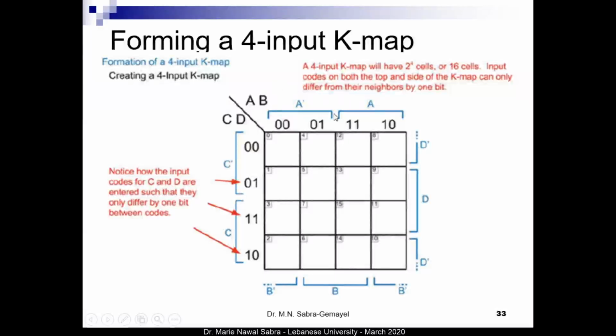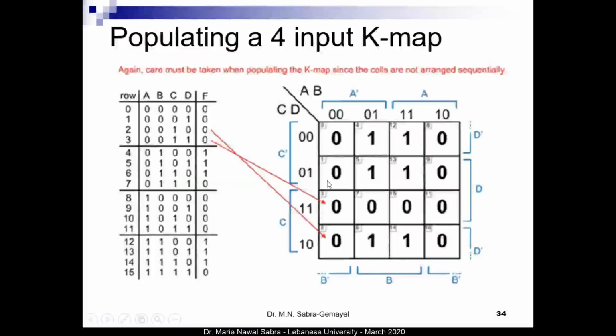I have A is true on the two columns to the right, B is true on the two columns in the middle, C is true on the two rows at the bottom, and D is true on the two rows in the middle. So this is the four input K-map.